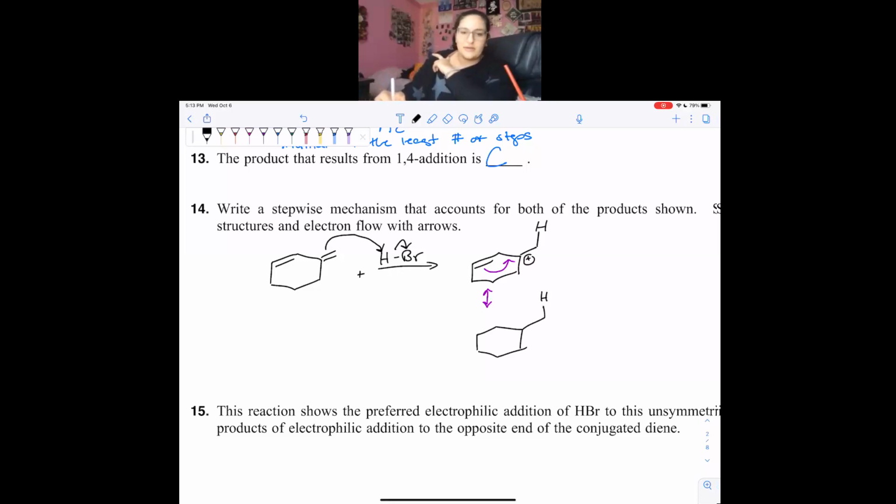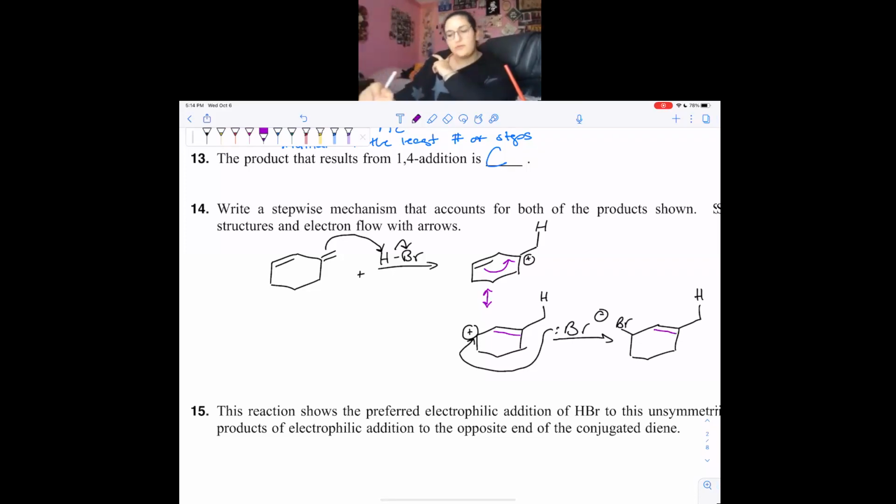The hydrogen stays exactly where it was, but it's going to change the plus, because now our double bond has moved here. So in the next step, when bromine finally attacks, it's going to attack all the way over here at the carbocation. Wow, that's ugly. And we get HBr, and we get our double bond here.